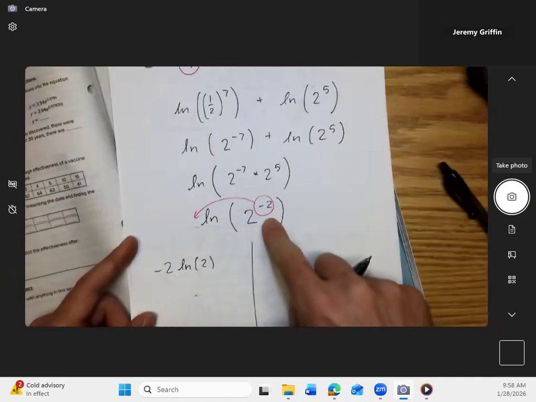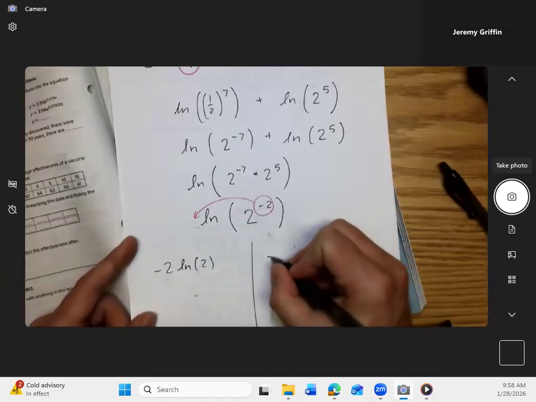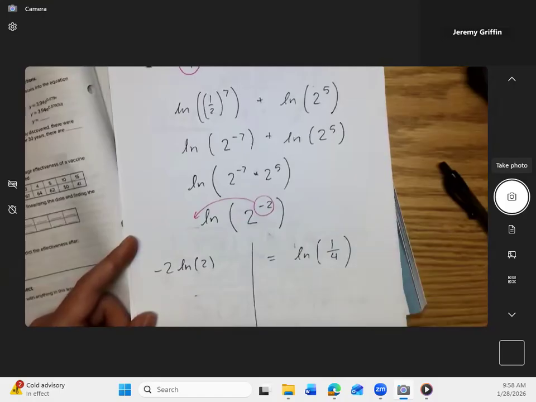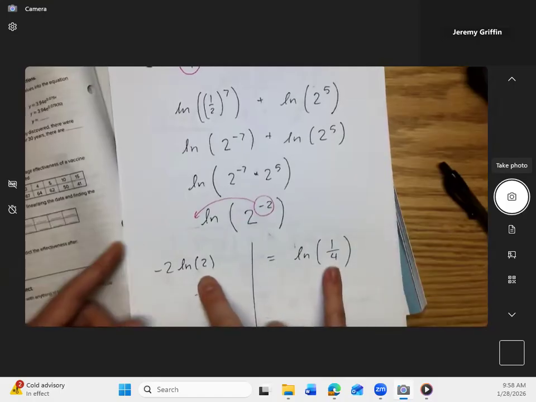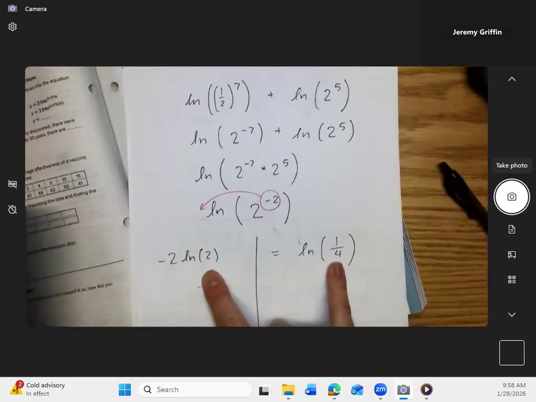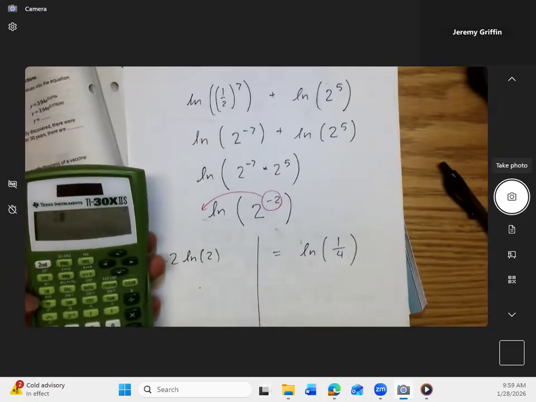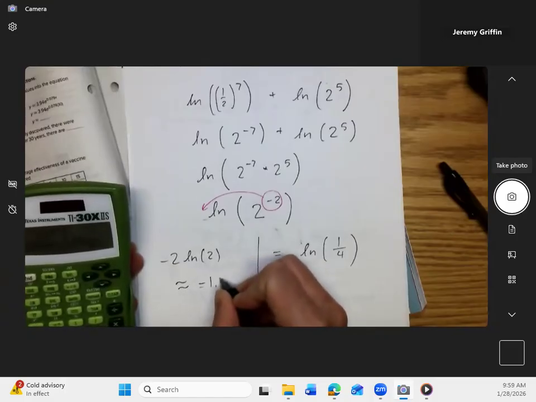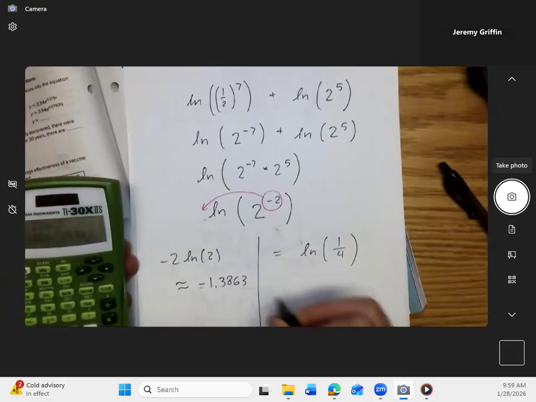But some of you guys are saying, well, actually, you could say this is equal to natural log of 1/4. That's the same thing. I bet these are the same thing. You guys think they are? Let's try and calculate. -2 natural log 2 is approximately -1.3863.